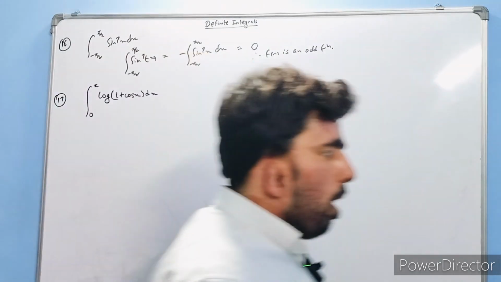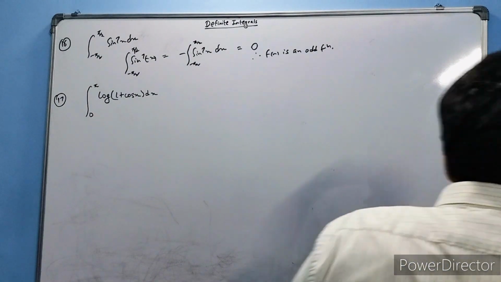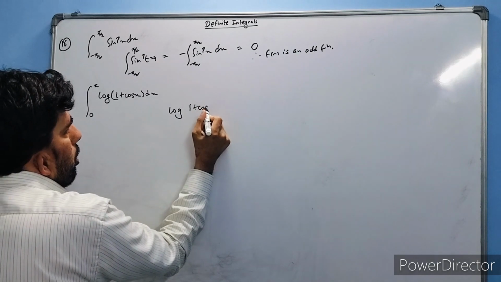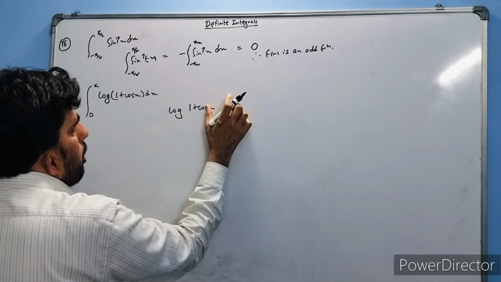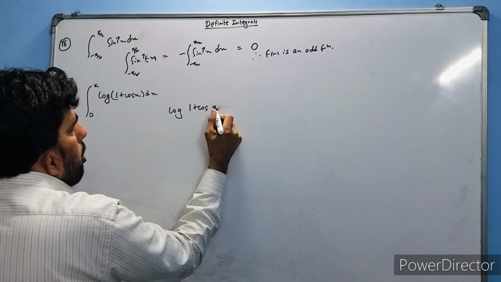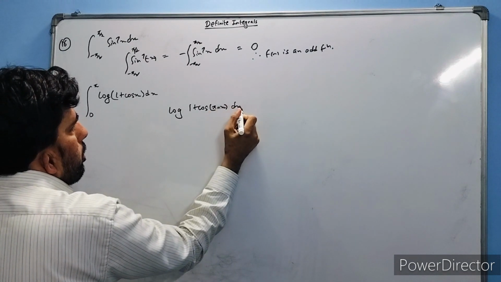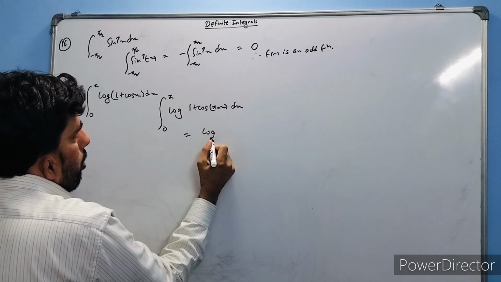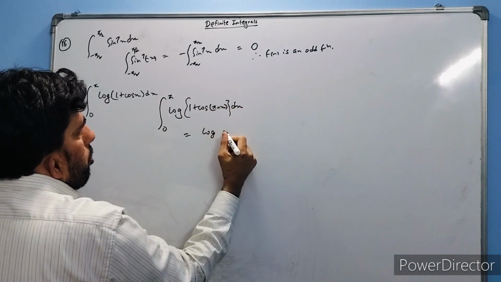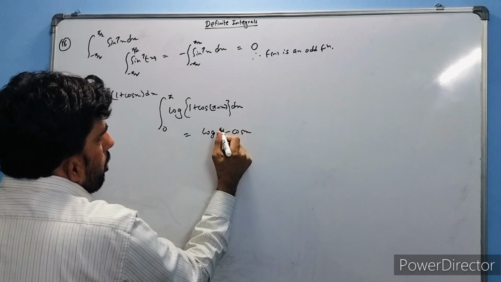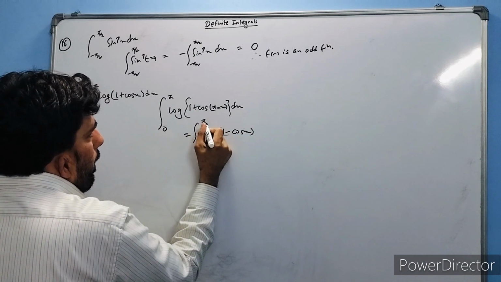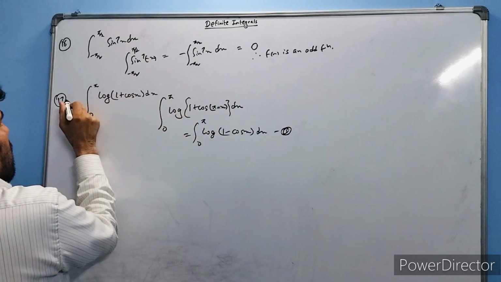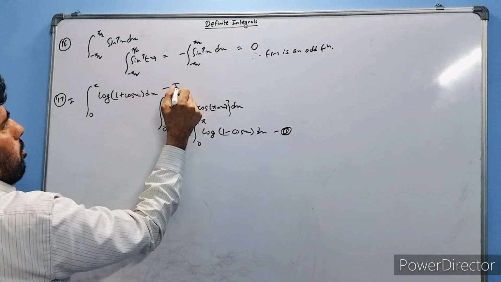Now let us try to solve this using the properties. I can directly write log(1 plus cos(pi minus x)) dx from 0 to pi, which will be log(1 minus cos x) dx from 0 to pi. This is the second one, and this is the first one.